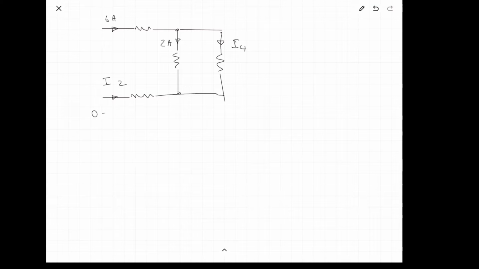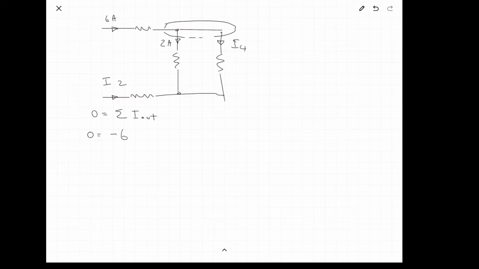I'm just going to use 0 equals the sum of the currents. Now, we'll solve for I4 first, because we know all the currents on this top node except for I4. So it's the easiest one to do. We just go 0 equals, and again, remember, out is positive.